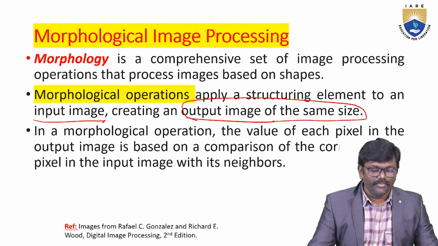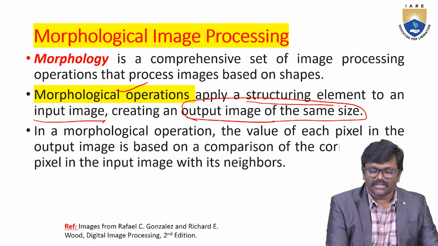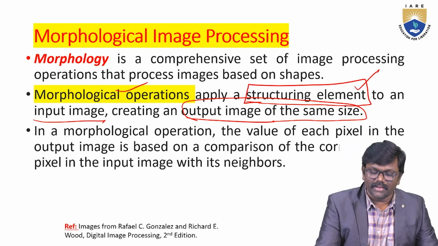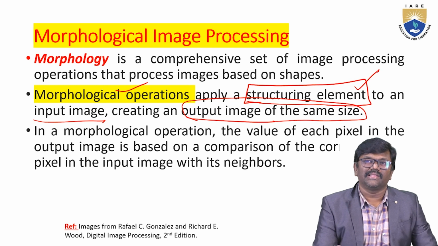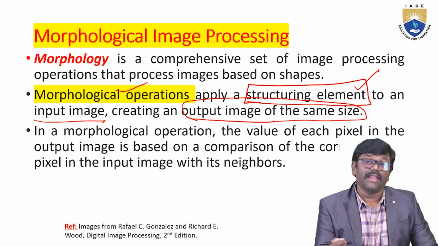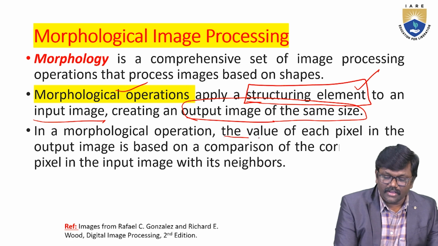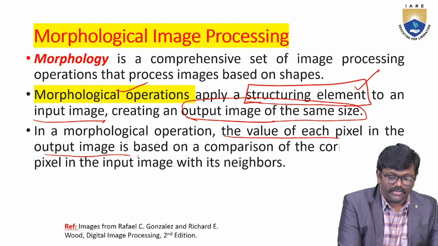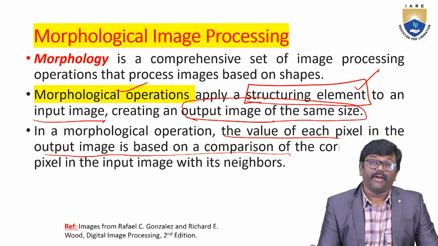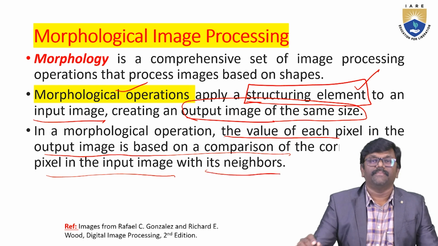So to understand the morphological operation, it is in terms of the structuring element only. This structuring element helps us understand the process of morphological operations. In a morphological operation, the value of each pixel in the output image is based on comparison of the corresponding pixel in the input image with its neighbors.